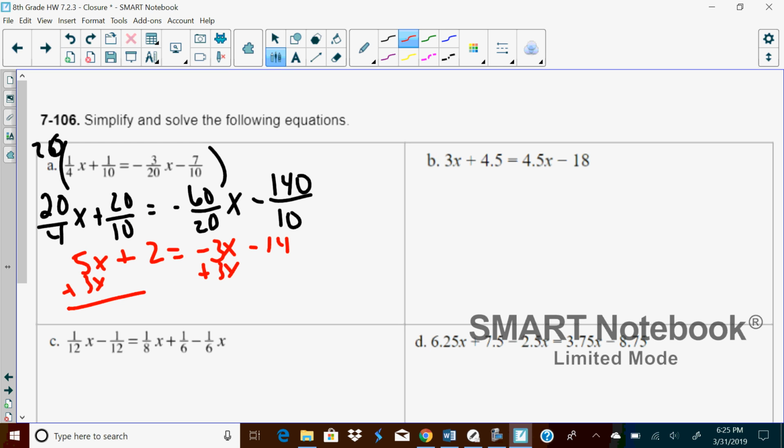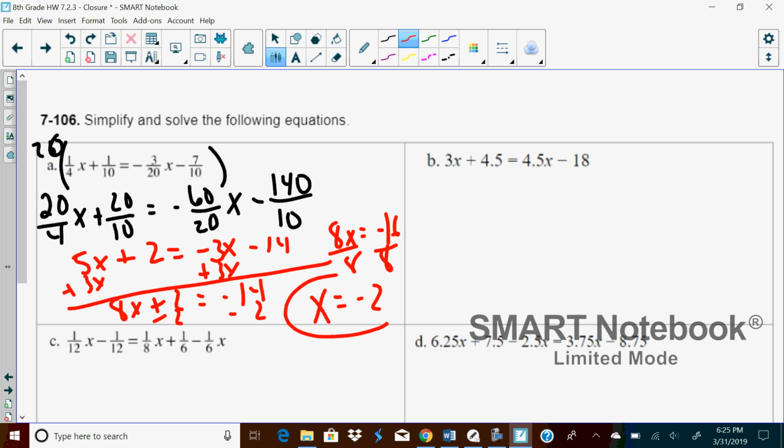I added 3x to both sides, so I got 8x plus 2 equals negative 14. I ended up with 8x equals negative 16. I ended up with x equals negative 2.